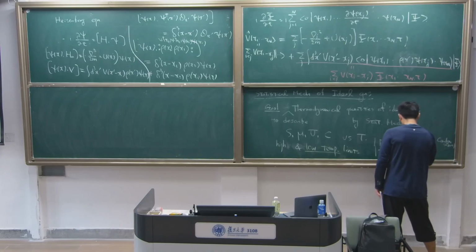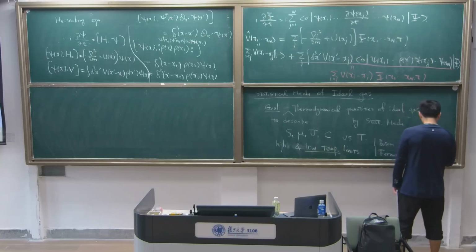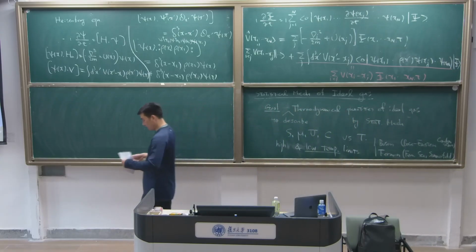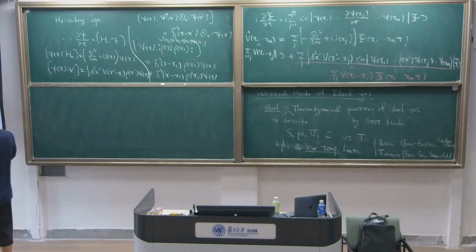And also here is the Fermi, also called the Dirac distribution. So that's what we are going to go on with now.